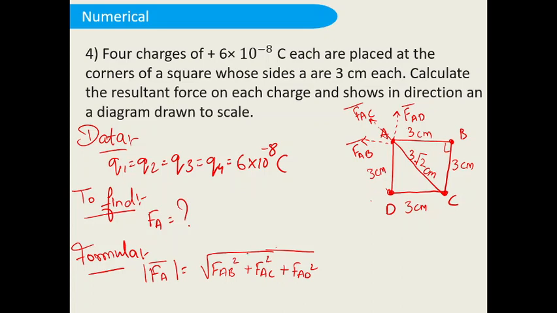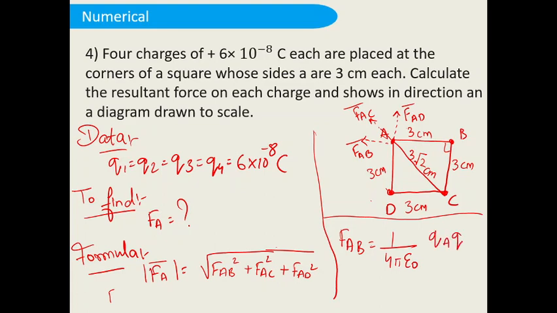So all these terms have to be considered. And what is the value of FAB? So I will write here: the value of FAB is equal to 1 upon 4 pi epsilon 0, we will not write the K value, QA QB divided by RAB square.